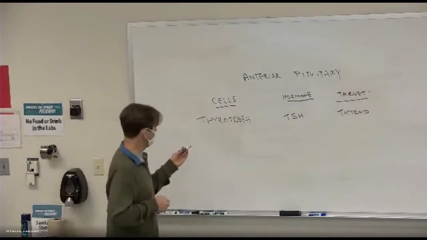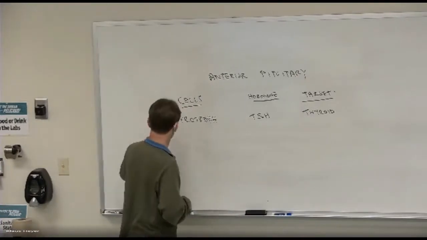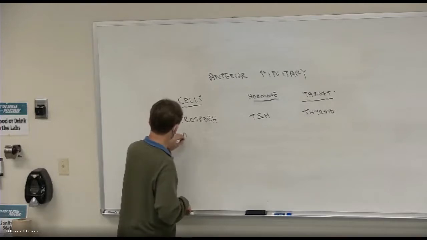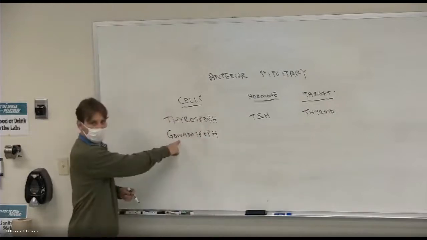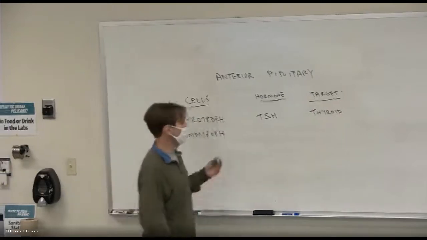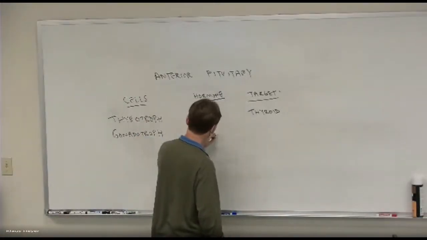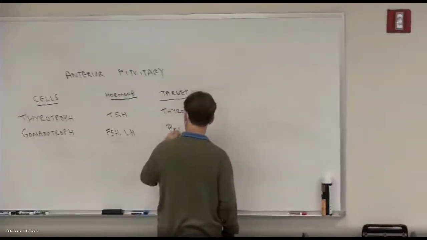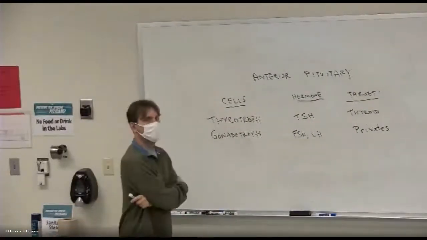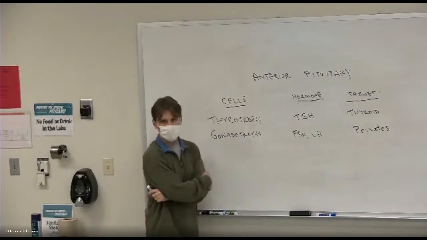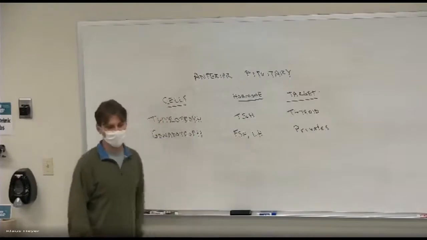Next, gonadotrope. So something to do with the gonads. It makes two hormones: FSH, follicle stimulating hormone, and you can look it up, it's in the lecture or in your book, and then luteinizing hormone, again, that's in your book.